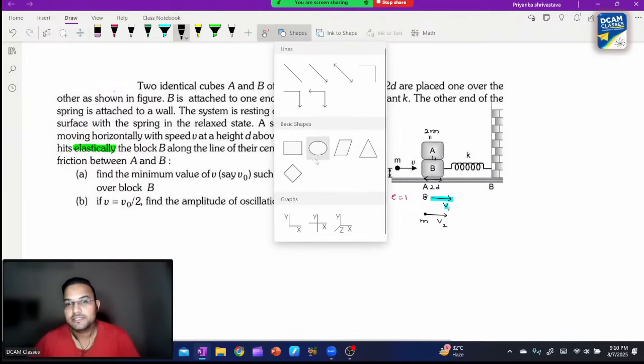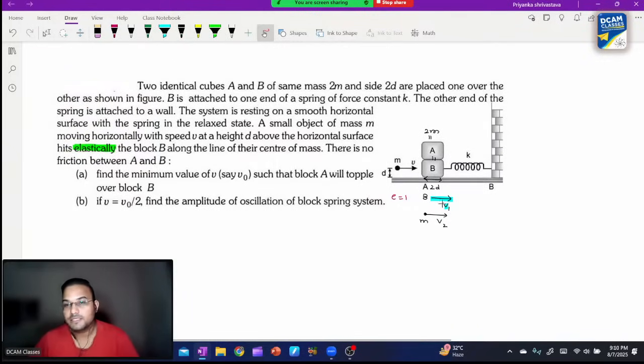Now here is the catch. This part I thought you would be doing, but there is a catch. The toppling condition I was about to tell you after the center of mass and rotation chapter, but here let me tell you when toppling occurs. This is the situation of toppling. This distance is 2d, this is also 2d.